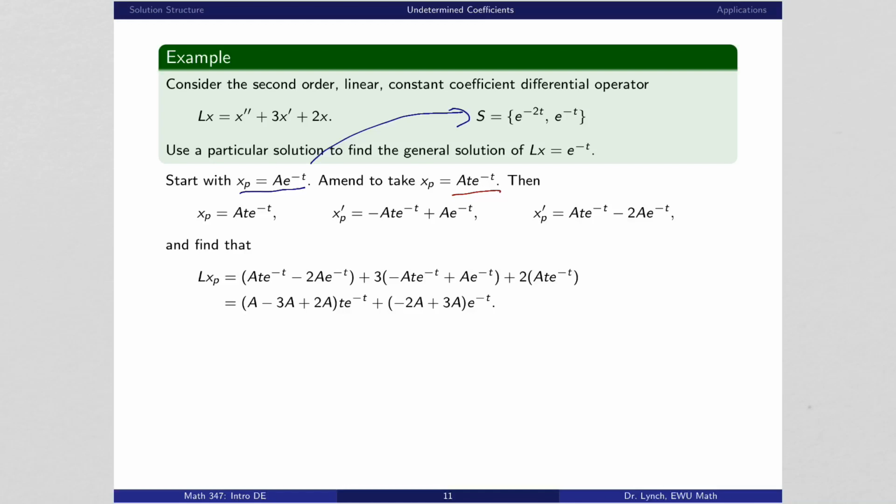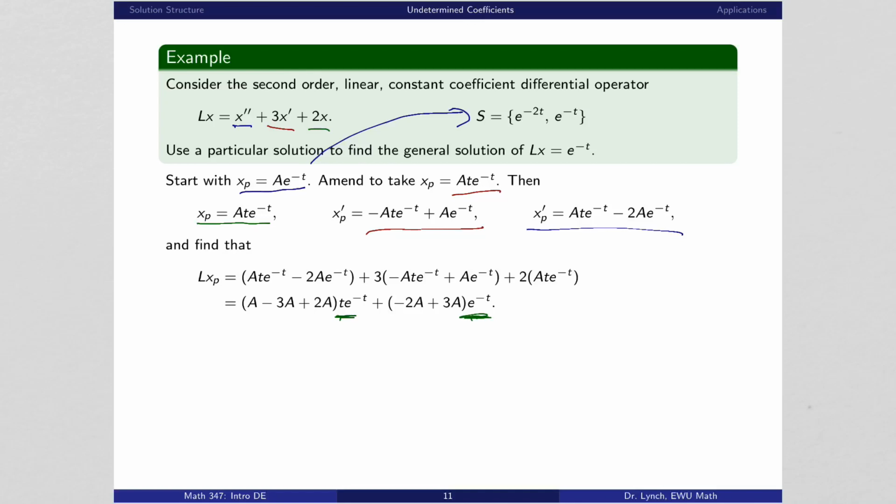Okay, so here again we've just gone through and computed the 0th, first, and second derivatives. Plug those into the differential operator, and you can see that when we do that, we get sort of a mess. But at the end of the day, there's a bunch of stuff multiplying t e to the minus t, and there's some other stuff that's just multiplying e to the minus t.